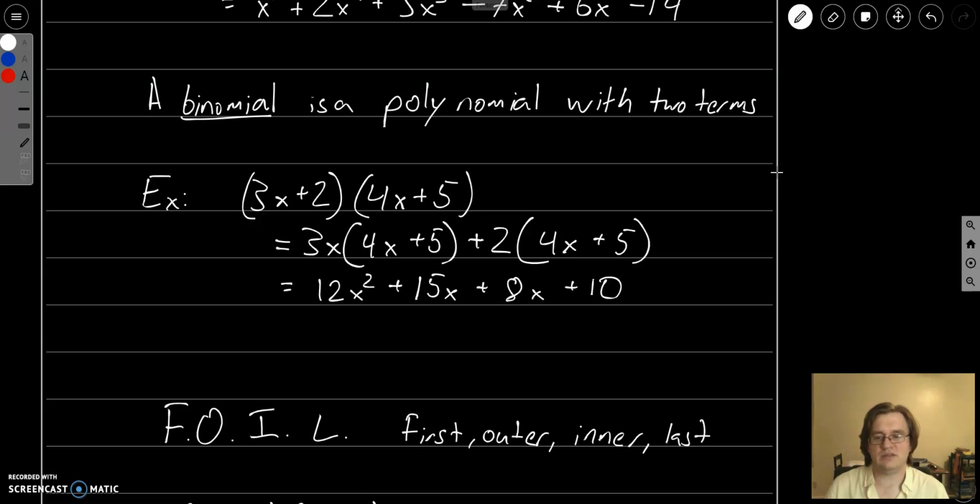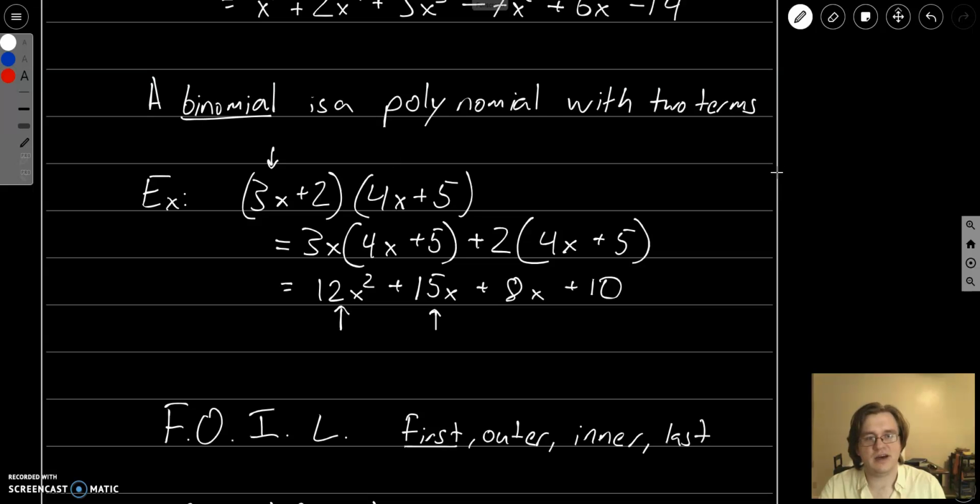But I want to point out that there's a pattern going on here. When we look at this term here, this 12x squared, where did this come from? This came from multiplying the 3x and the 4x, which happened to be the first terms in both polynomials. Next, we had the 15x, which came from multiplying the 3x and the 5.